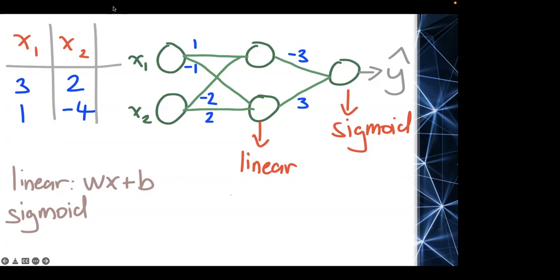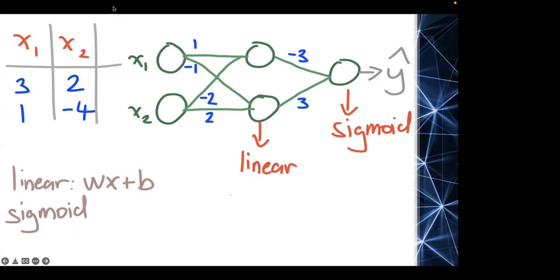And then I took 2 for x2. So 2 multiplied by -2, it's -2 plus 2 times 2, which is 4. So the output after all those manipulations is 0, 0.